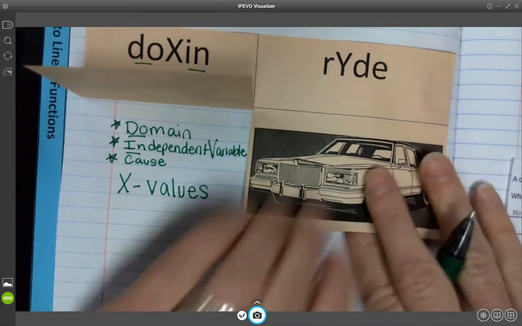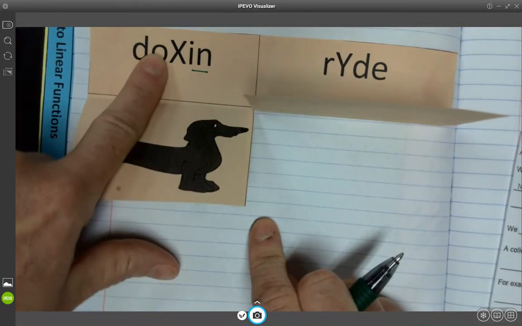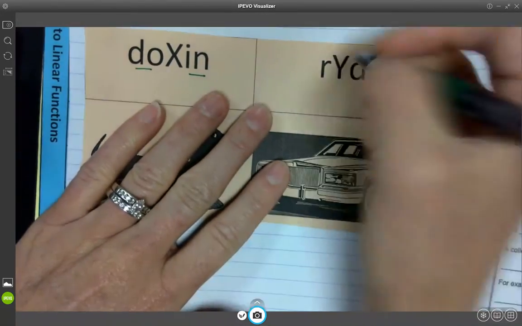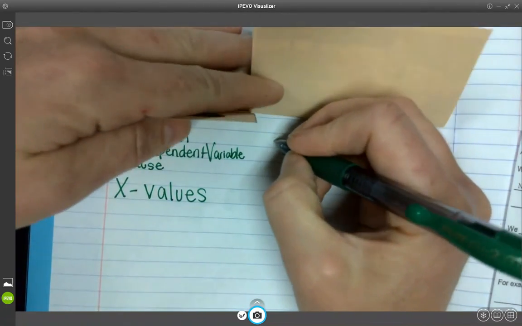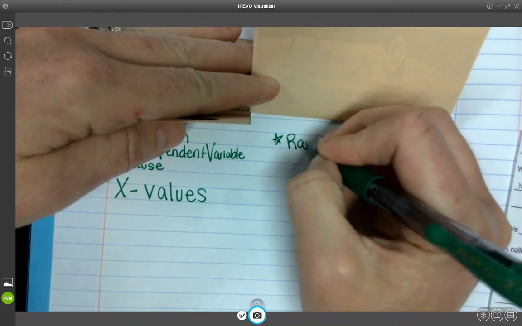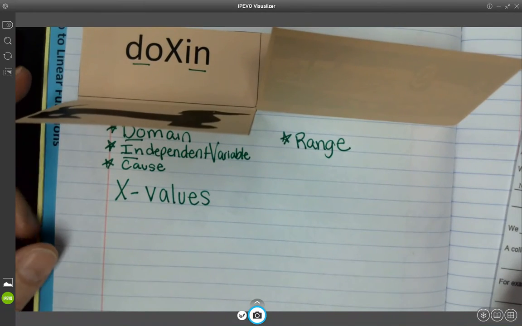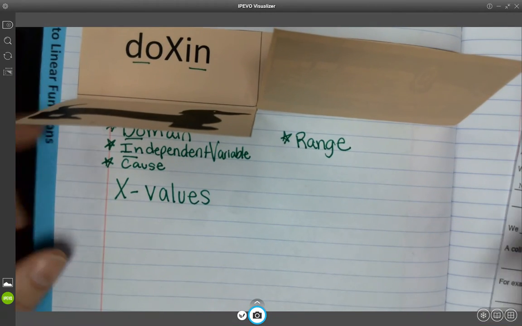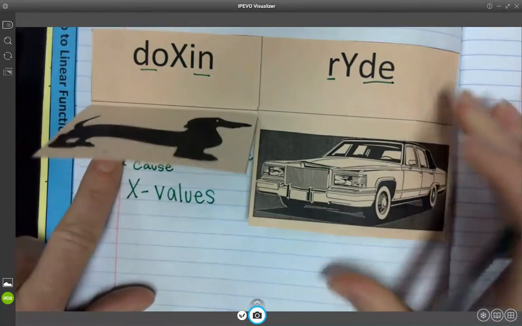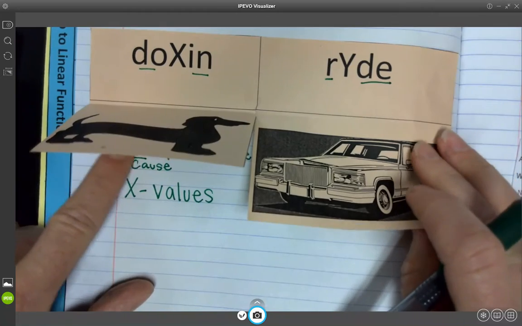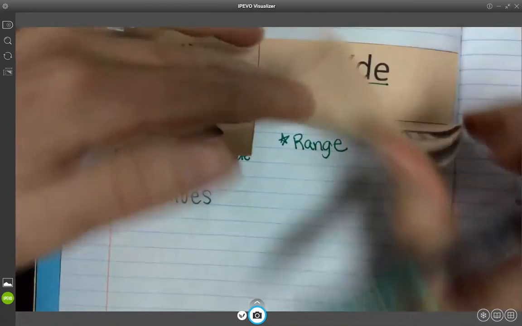So then rYde. If doXin is domain, the R stands for range. The DE, if X in doXin is independent, then the Y in range is dependent.